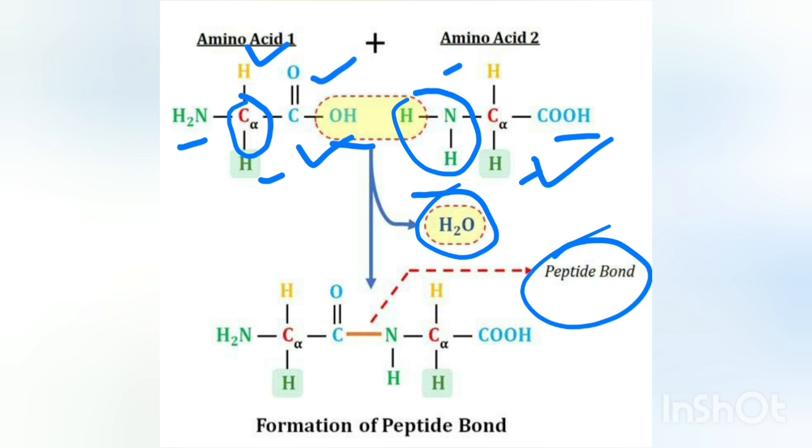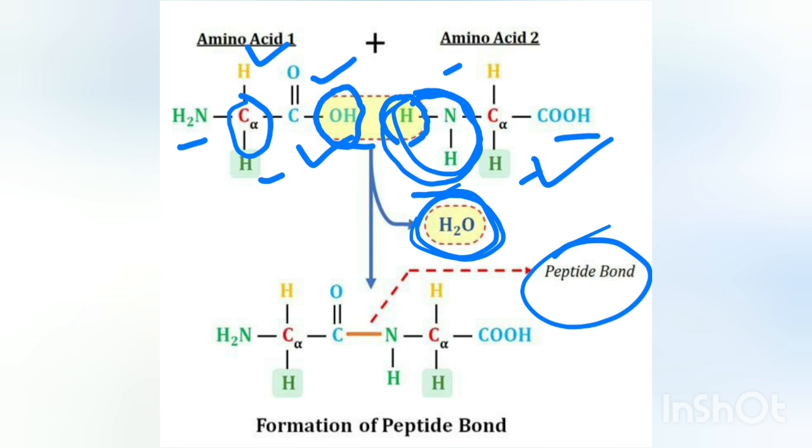The carboxyl end of the first amino acid forms a peptide bond with the amino group of the second amino acid. So carboxyl group, that means COOH, and amino group means NH2. The OH group of the first amino acid and hydrogen of the amino group of the second amino acid join with each other, forming one water molecule.